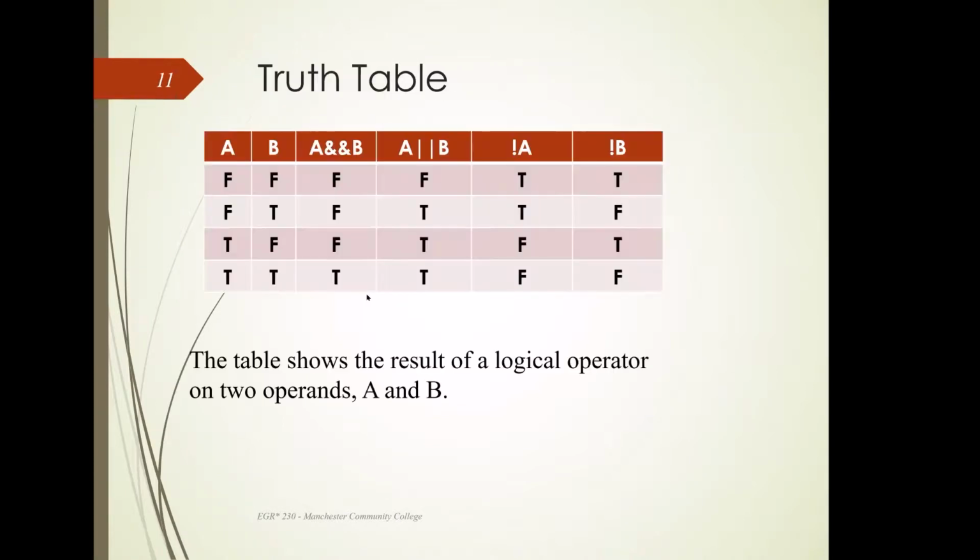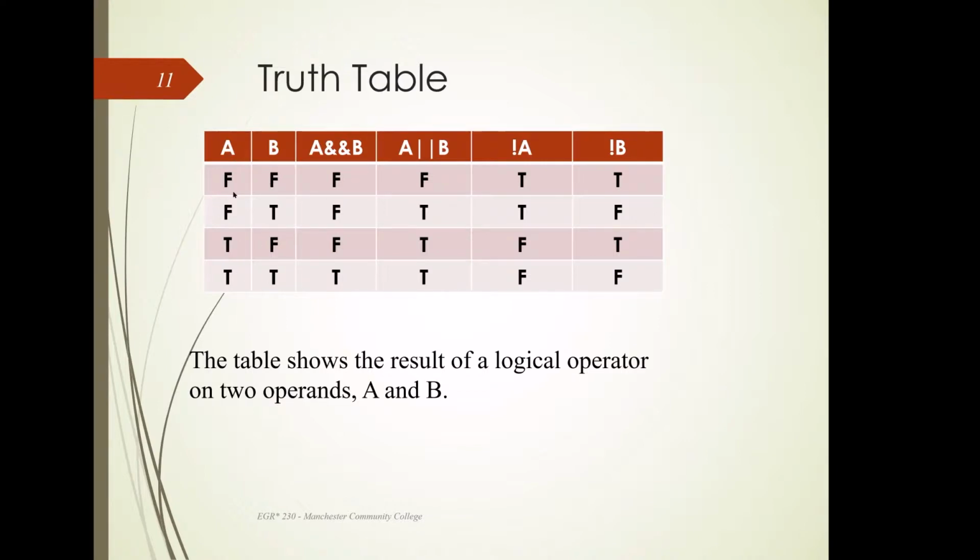When we're talking about logical operations, this is a truth table for those basic operations. I have two things: A represents a relation, some comparison, and B represents another relation or comparison in our C++ language. Say the first one is false and the second one evaluates false.